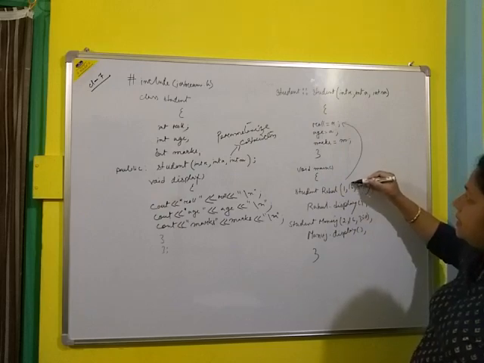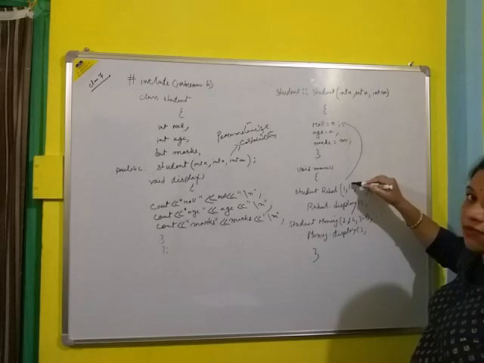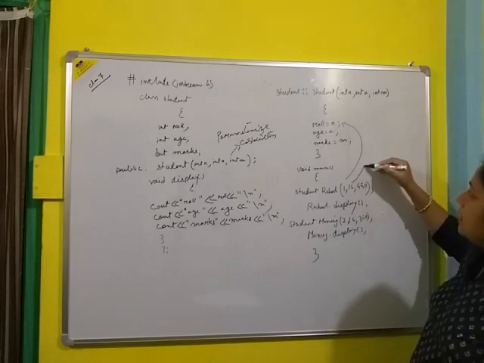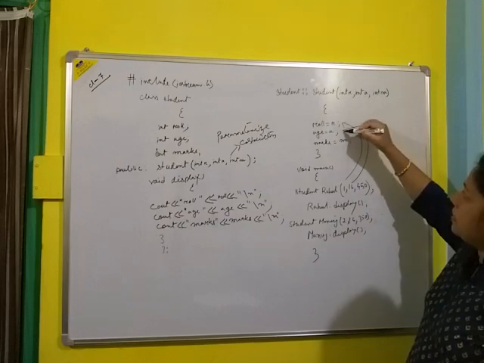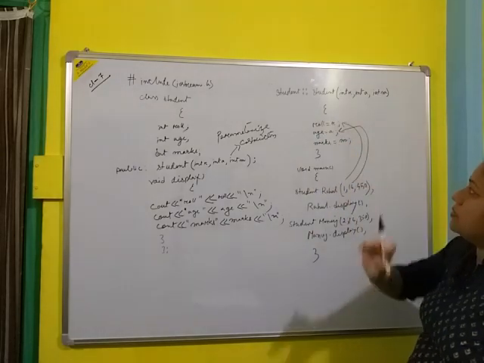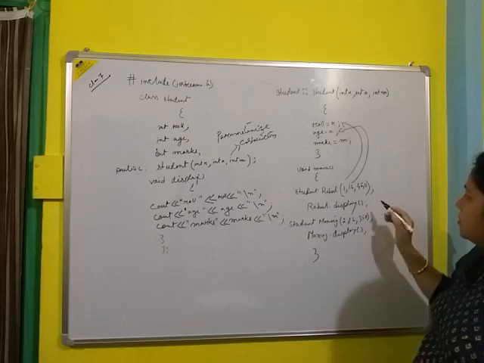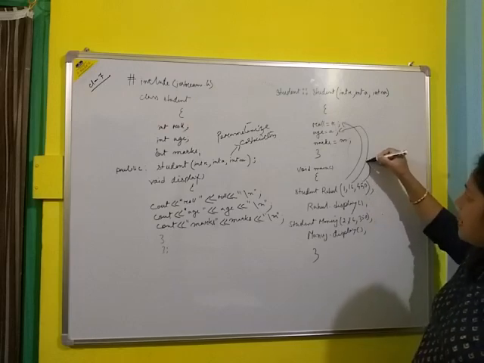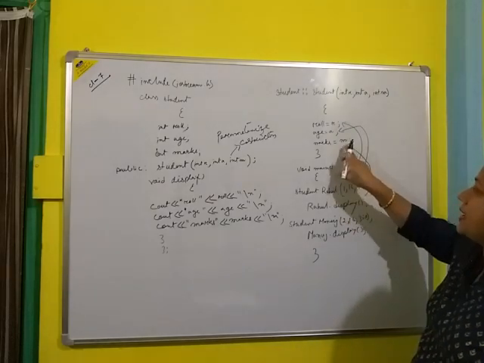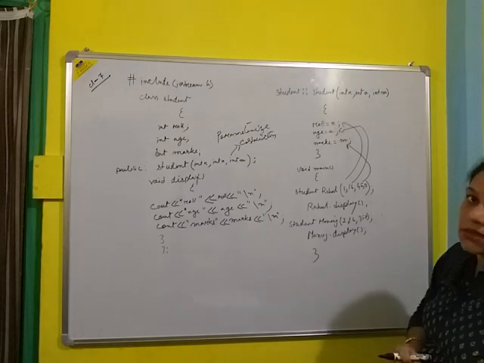Again, for the age, that is integer a, I write 16 for this parameter value. So this 16 is going to pass to a, and a will assign this 16 value to the age. Likewise the marks also pass to the parameter m, and m will assign this value to the data member marks.